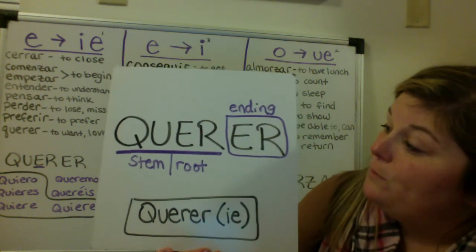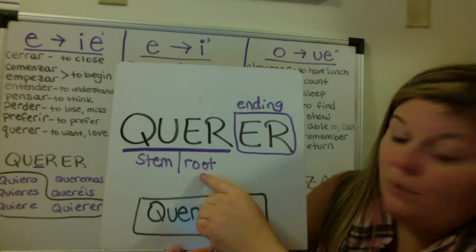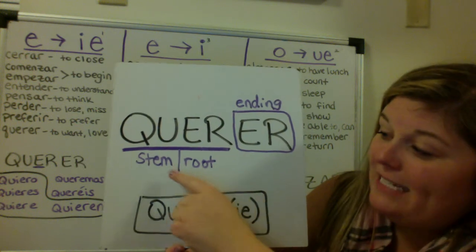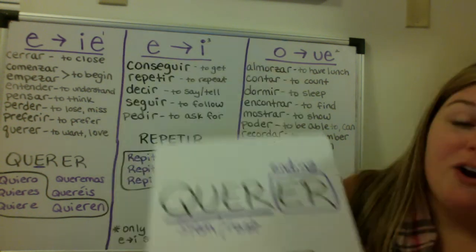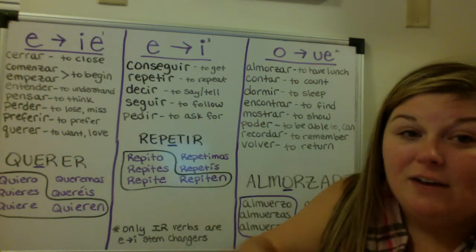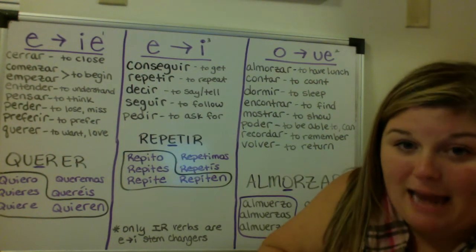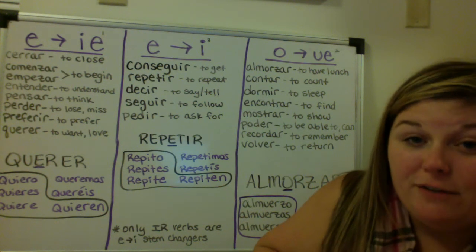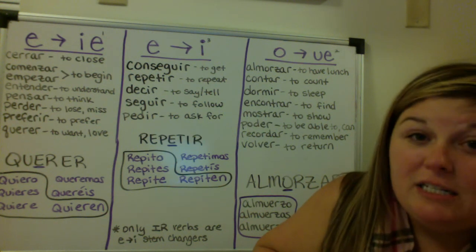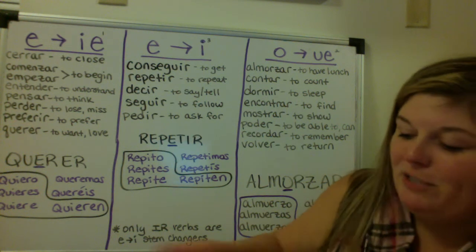And so today we're talking about verbs that have a change in their stem. And there are three kinds of stem-changing verbs in Spanish. Now, you've already seen a stem-changing verb, but we didn't call attention to it because we hadn't learned stem-changing verbs yet.